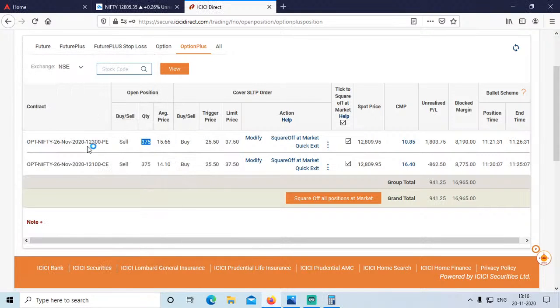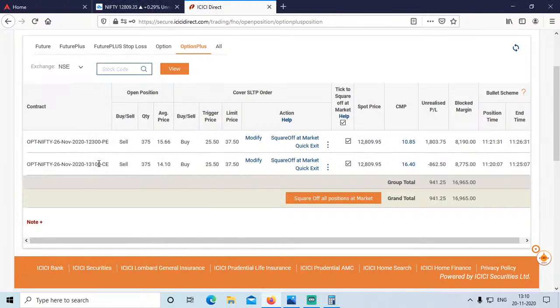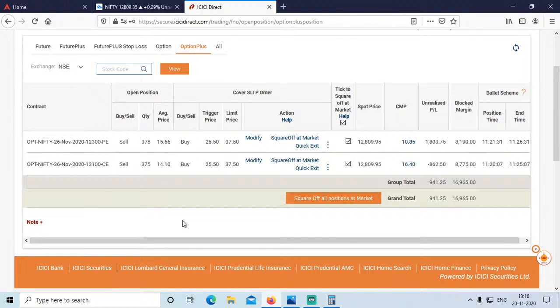So for this sell order, my total brokerage is 45 rupees, and there is another sell order, another brokerage of 45 rupees. So together I have spent 90 rupees for the morning selling orders.